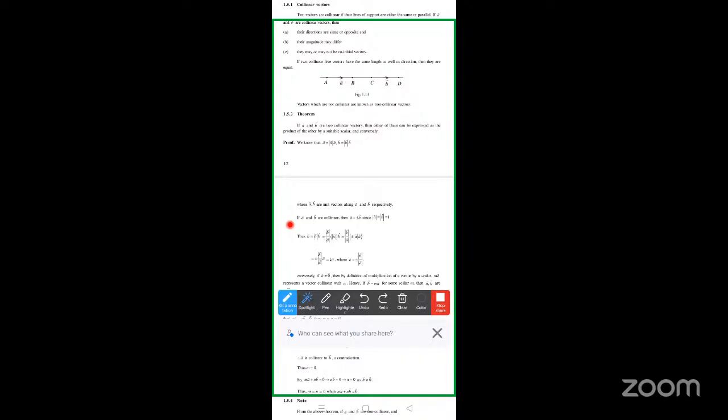So plus or minus mod B by mod A into A bar. So that is K into A bar, where K is any scalar.